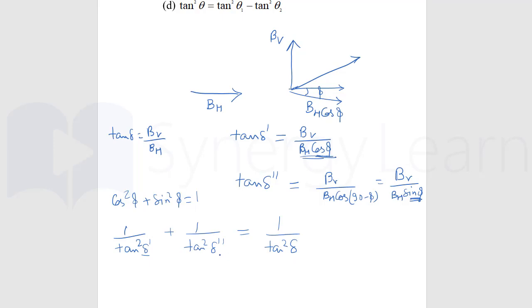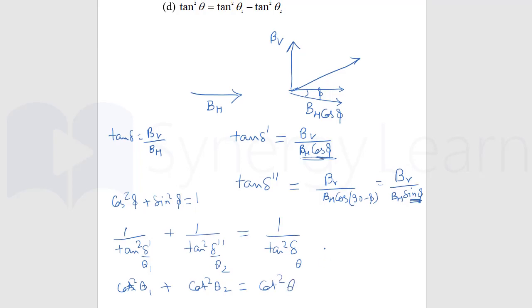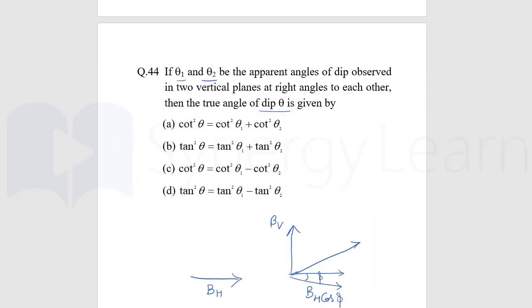In this question, delta dash has been replaced by theta 1, delta double dash by theta 2, and delta by theta. So obviously when they reach the numerator, the relation is cot square theta 1 plus cot square theta 2 is equal to cot square theta. So the correct option is the first. Thank you.